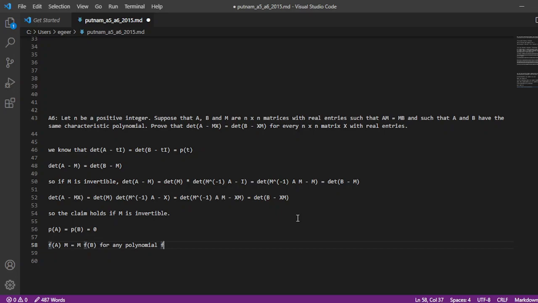Yeah, and it seems like we can't really assume that M is invertible in general, because suppose that we choose A, B, and M to all be 0, and then every condition here is satisfied. And the claim does hold, but M is not invertible, so we can't prove from these assumptions that M is invertible, so we need a different argument.